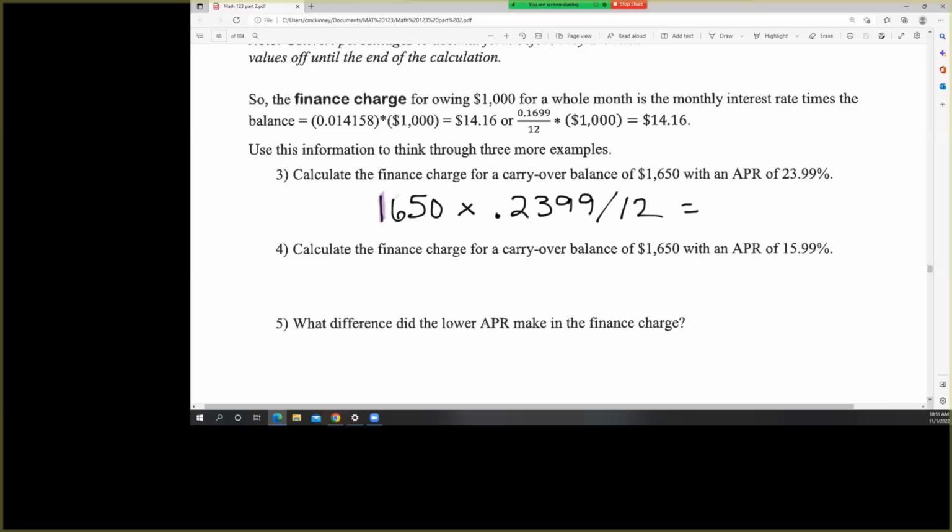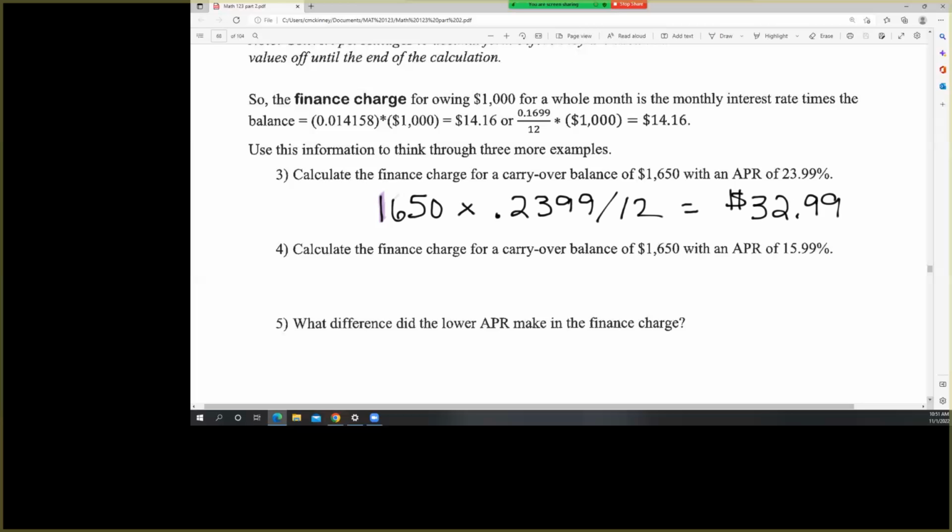So in this case, $32.99. So almost $33 for that one month of interest.